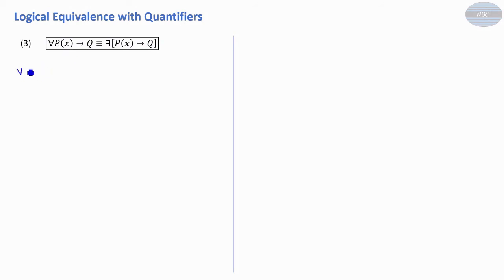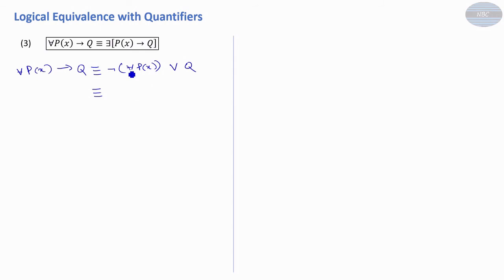The left hand side is for all x, P(x) conditional Q, so it can be written as not for all x, P(x) or Q. This is the formula that I have already used, the same formula is used here.